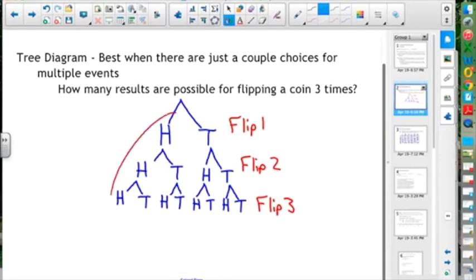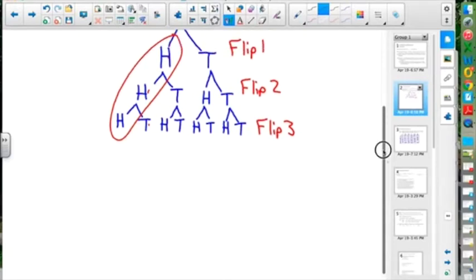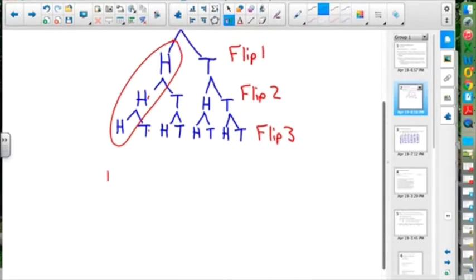So, for example, we could get all heads. Okay? Or we could get 2 heads and a tails. But that can happen multiple ways. Okay? There's only one way to get all 3 heads. Okay? But watch this.